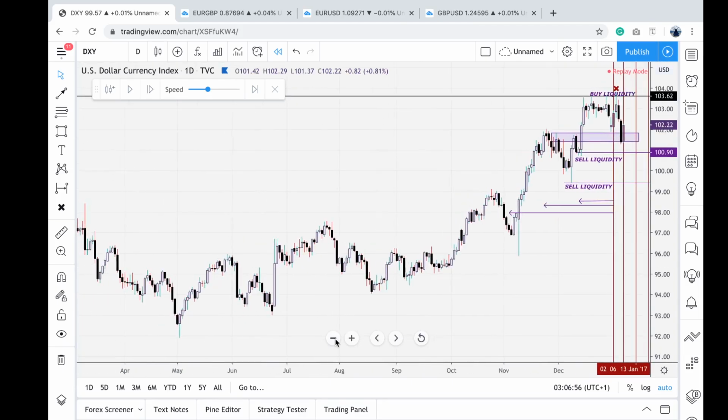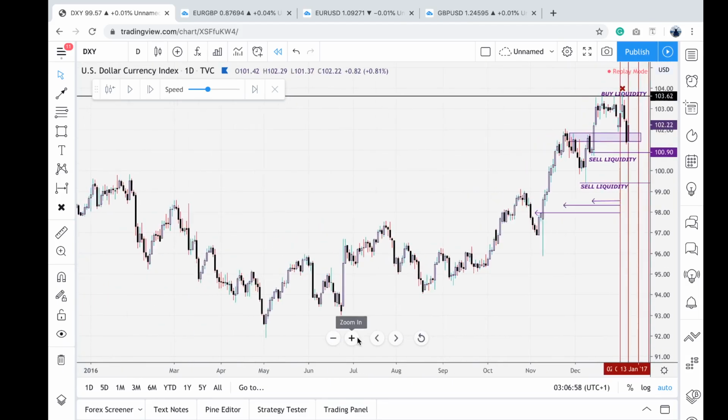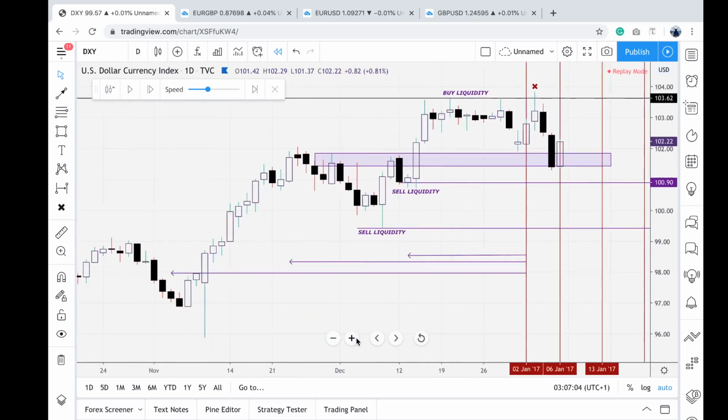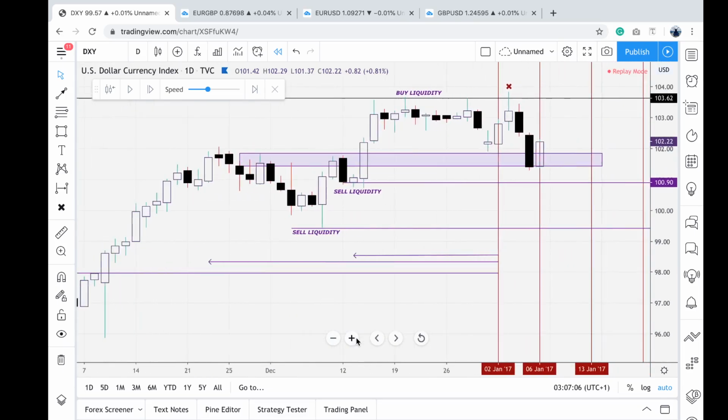So basically, before you see any major swing in price, you're going to see an aggressive stop run through a level. So price coming back to take out this buy side liquidity tells me that we could be reaching for the opposing end of this range.